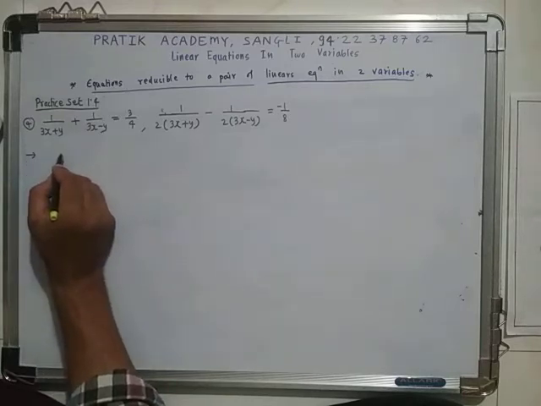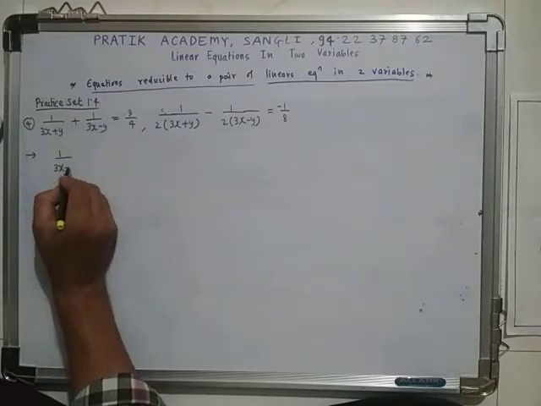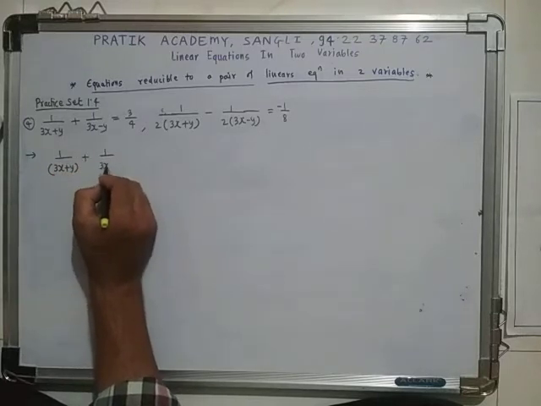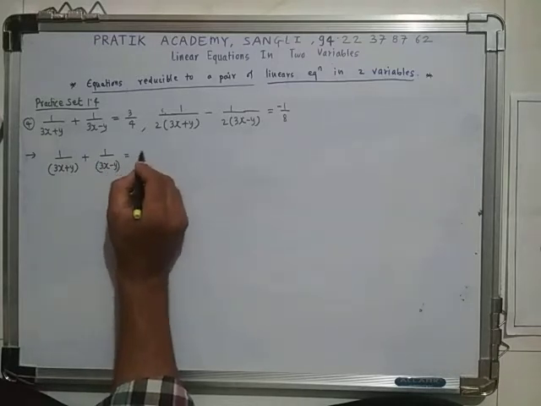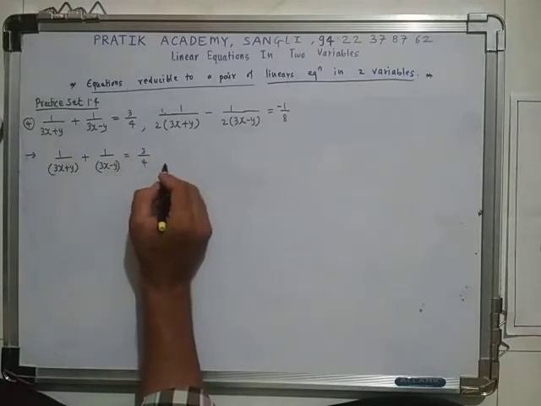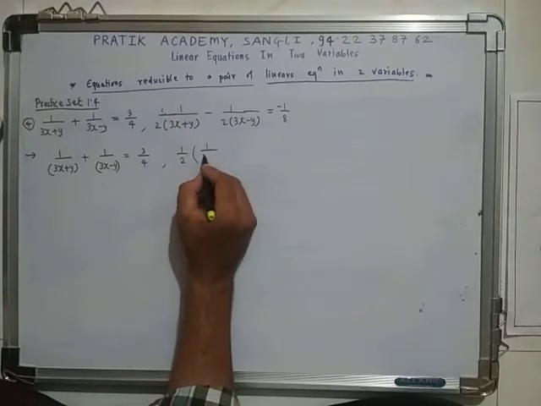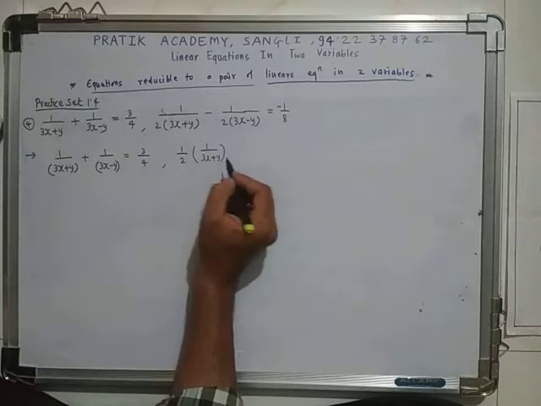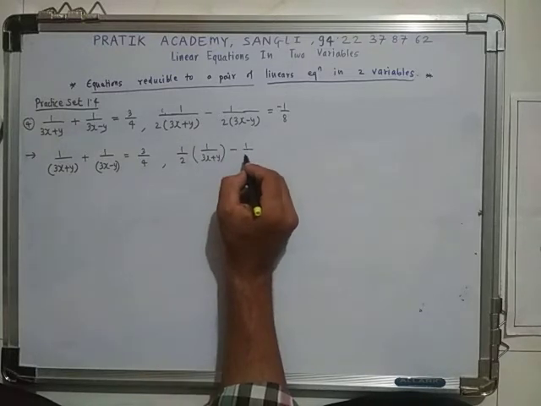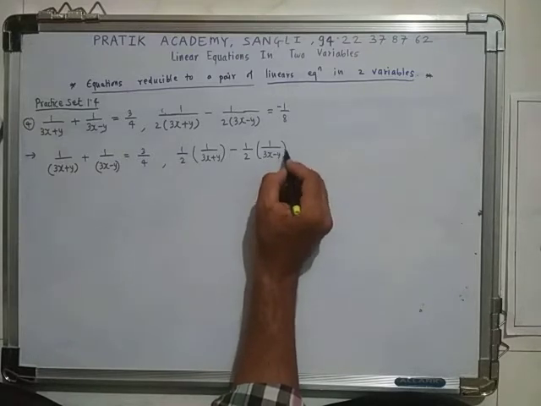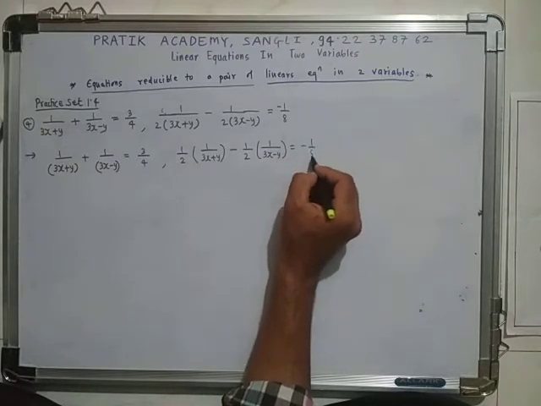So here we can write, it is already given, 1 upon 3x minus y is equal to 3 upon 4. This will remain as it is. Here we can write 1 upon 2 into 1 upon 3x plus y, minus 1 upon 2 into bracket 1 upon 3x minus y is equal to minus 1 upon 8.